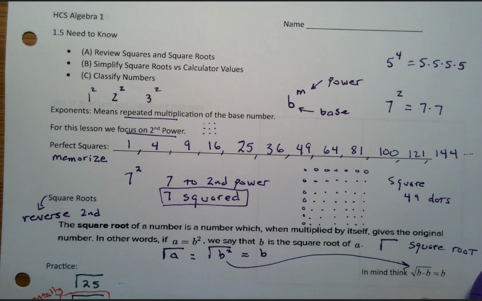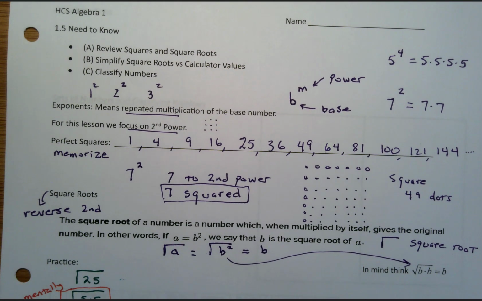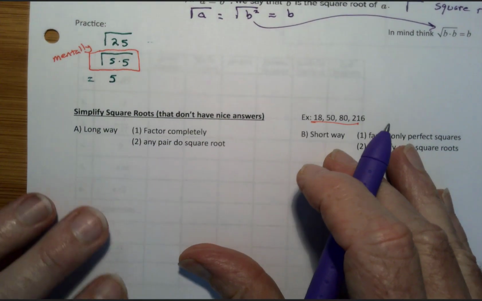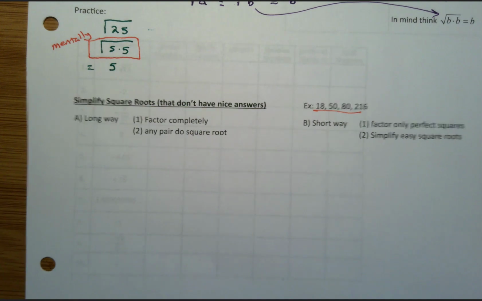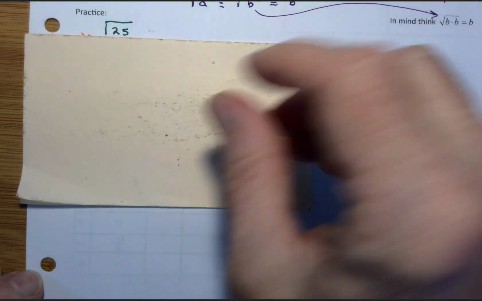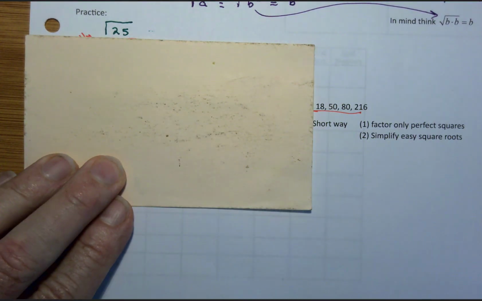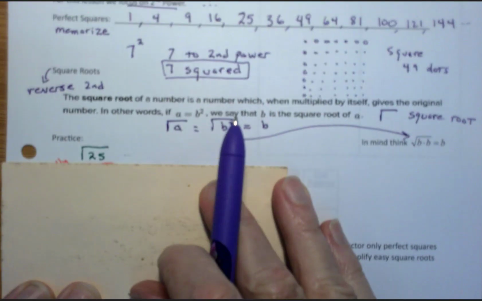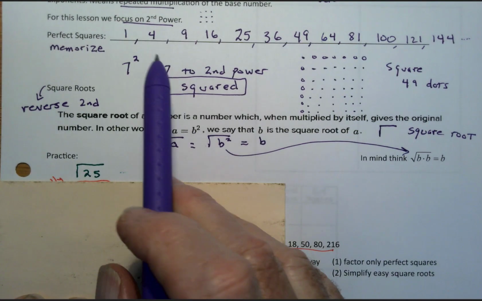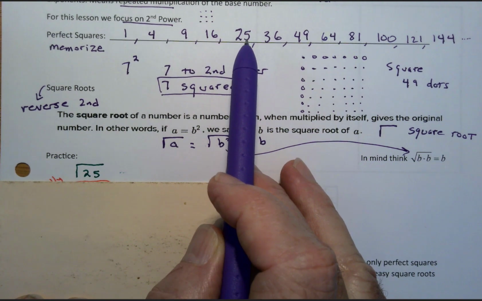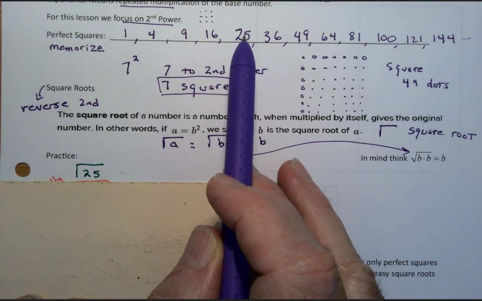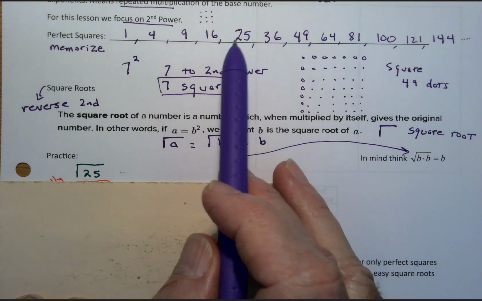So I kind of wrote that down here already, but let's do an example to practice a little bit. I'm going to cover this. Let's say we have to do the square root of 25. That's one of the powerful things of memorizing all these perfect squares. 1, 2, 3, 4, 5. 25 is the 5th perfect square, so the square root of 25 is 5, because of 5 times 5.